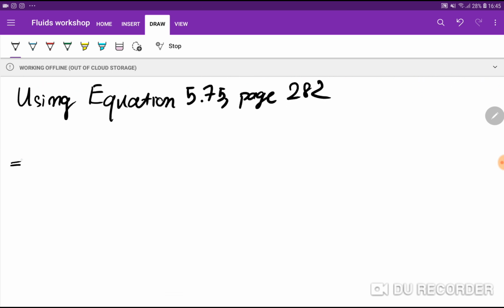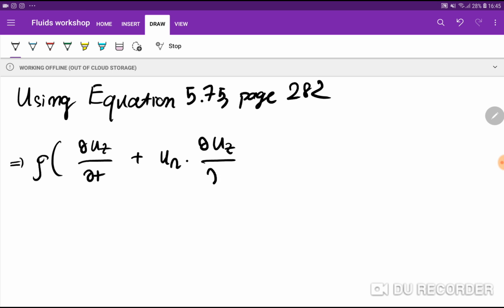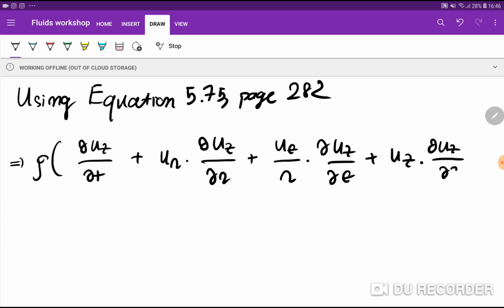It says rho times the partial of uz over time, plus ur times partial of uz over partial r plus u theta over r times partial of uz over partial theta plus uz times partial of uz over partial z.